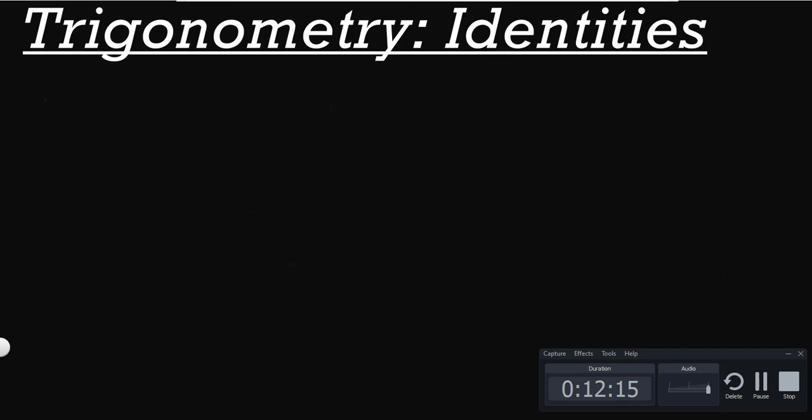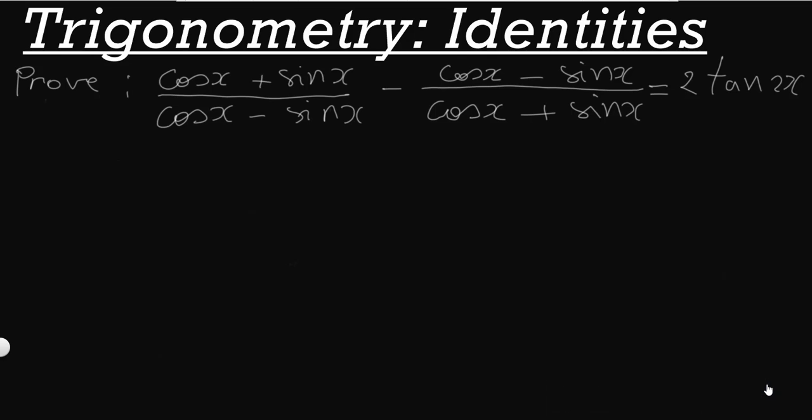The question says prove the identity. All right. Now, let's prove this. How do we prove these identities?